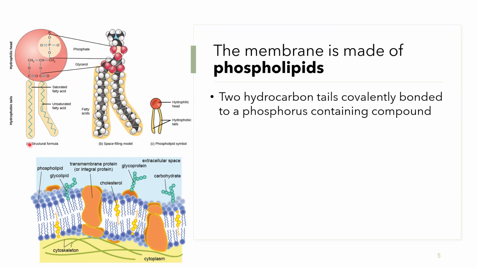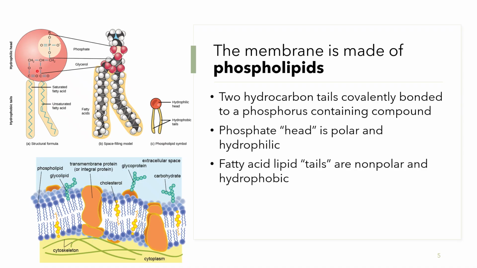What we mean by hydrocarbon is just a chain of carbons with a bunch of hydrogens on them. We discussed the differences between being fully saturated with hydrogens, or maybe having a double bond so you don't have quite as many hydrogens. That's the same thing we're talking about here. And then it will be connected to this polar phosphate head.